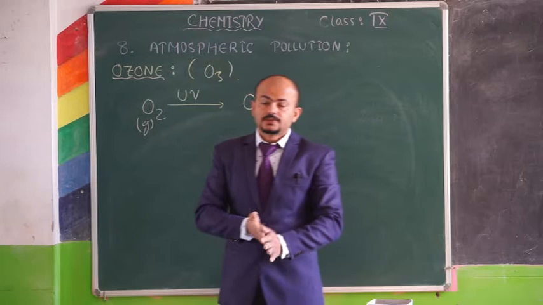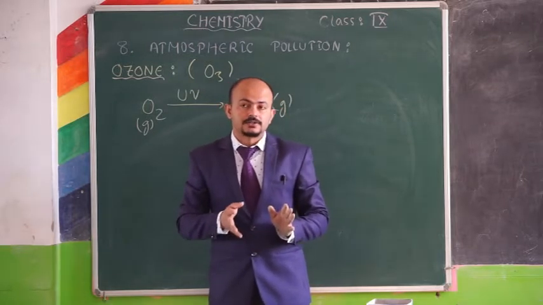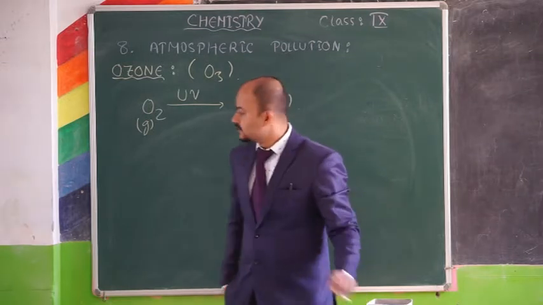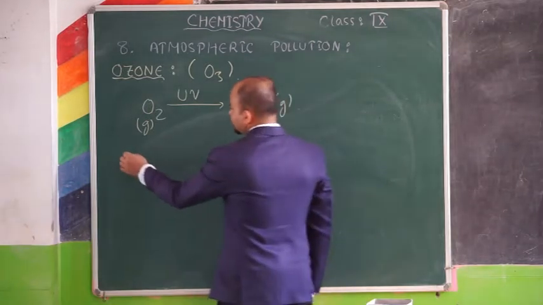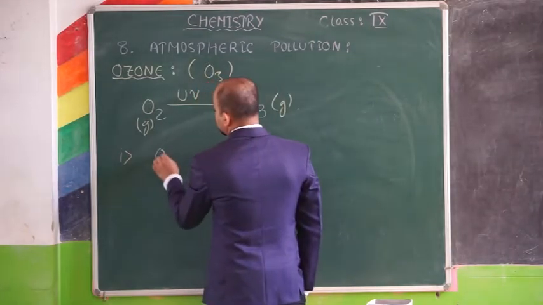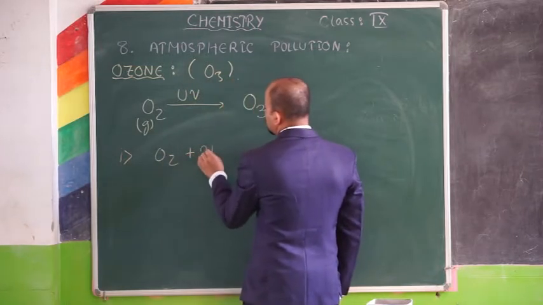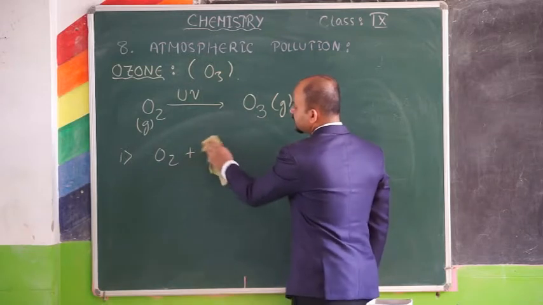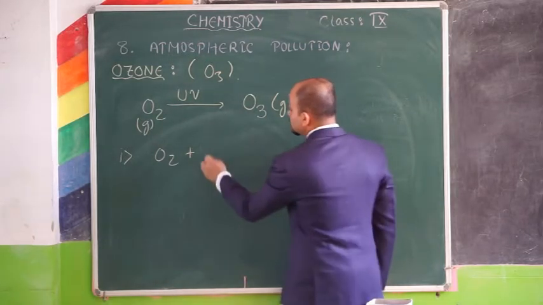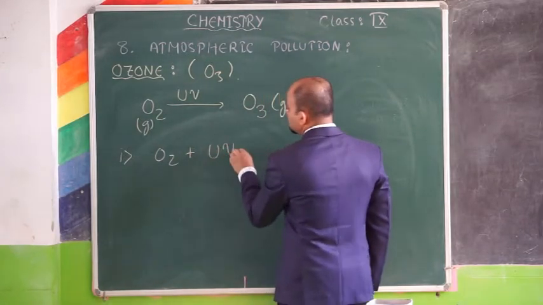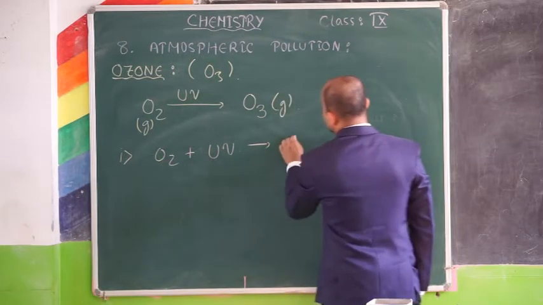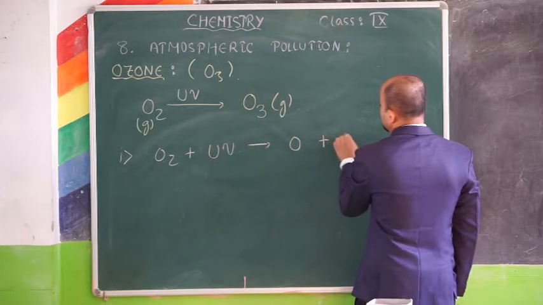Now, you have to remember how the formation of ozone takes place. Whenever oxygen comes in contact with ultraviolet rays, the oxygen molecule will be converted into oxygen atoms.